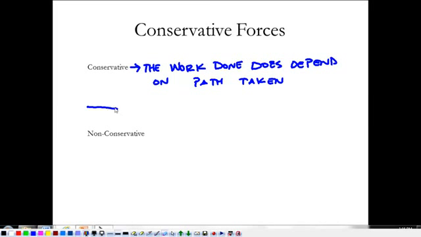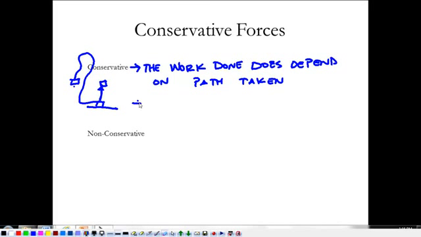Gravity is a conservative force. If I lift an object to here, the work that gravity does is the same as if I lifted that object way up here and brought it right back down. The work to get the object to go straight up to that point and the work to move it all the way around here and still get me to the same height is the same. It doesn't depend on how I got there.